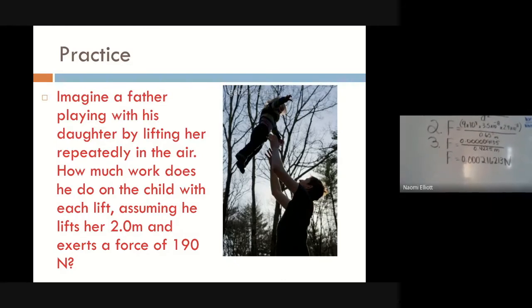So please don't write down anything you see up there yet. There's nothing there. So let me go over the practice assignment and then show you.